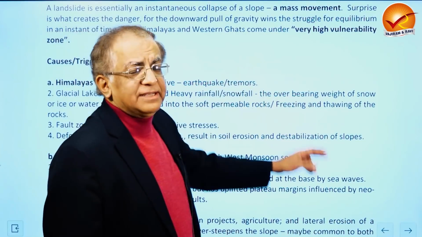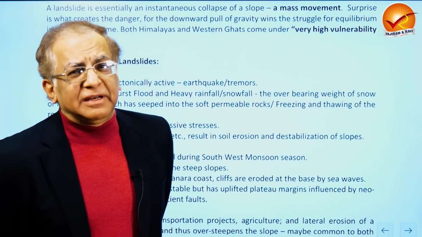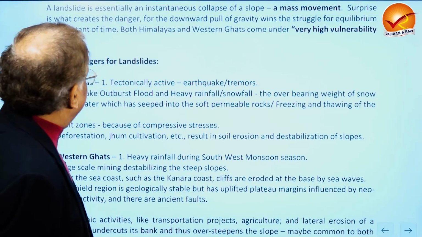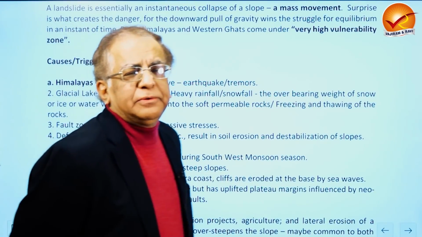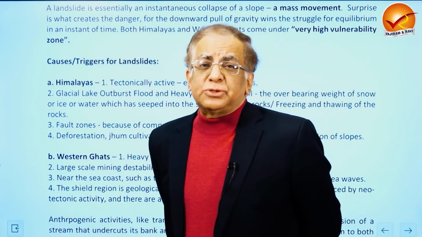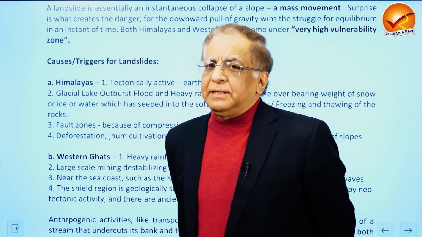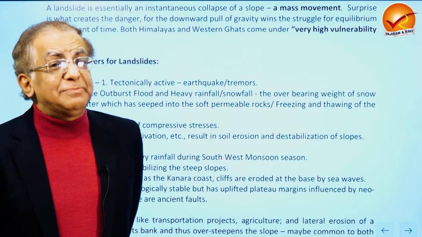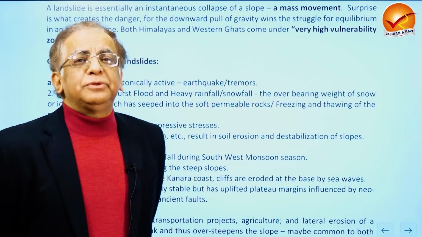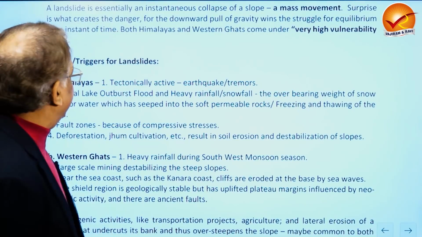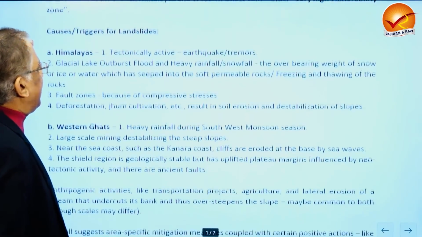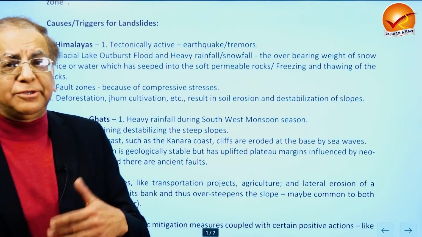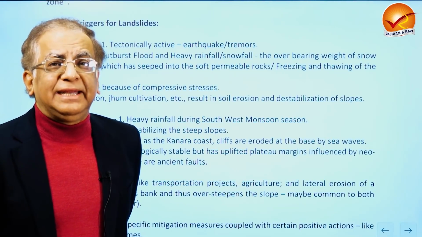Now, both these areas belong to a very high vulnerability zone for landslides. Some causes in these two areas are common. For example, anthropogenic activities may be common, though their scales may vary. But if we were to distinguish as per the question's demand, then I would say the Himalayas, as you all know, are tectonically young and tectonically active.